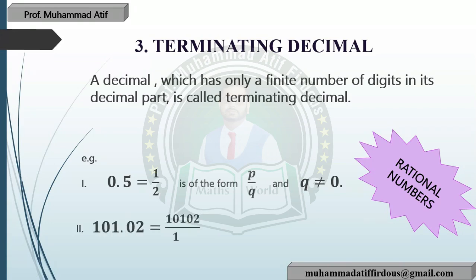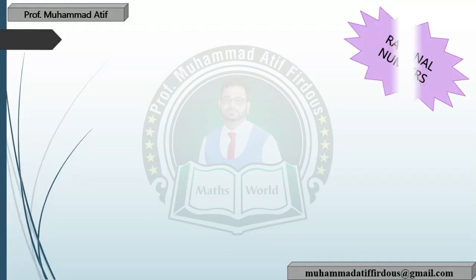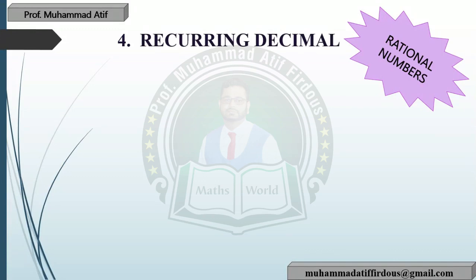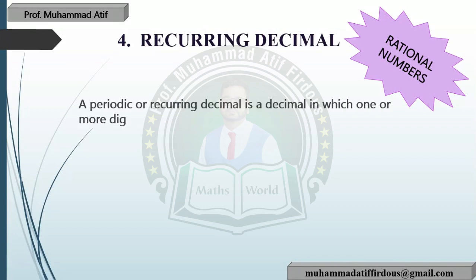The fourth, and there is another example of a terminating decimal, which is again a rational number. And the last and fourth type is the recurring decimal. A periodic or recurring decimal is a decimal in which one or more digits repeat indefinitely.